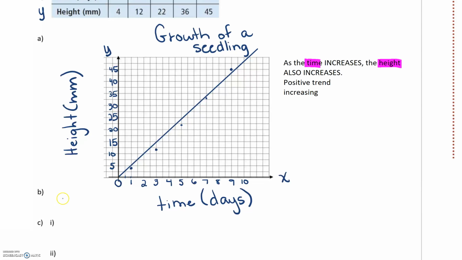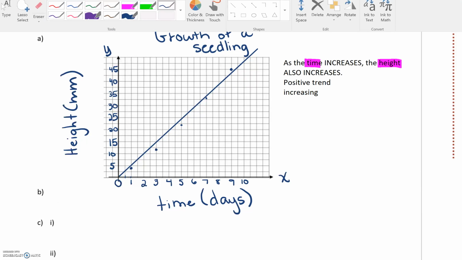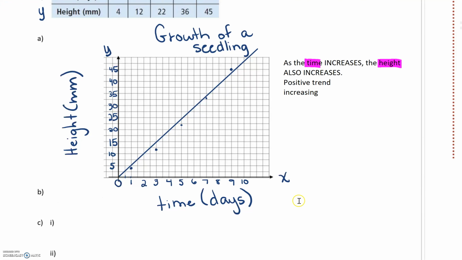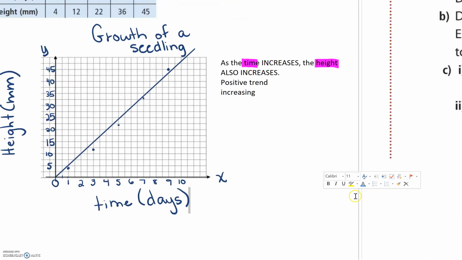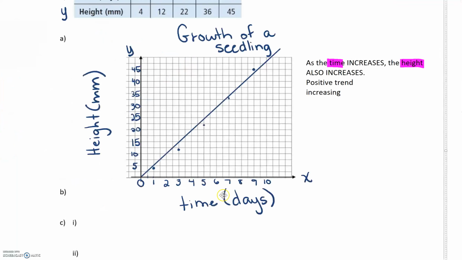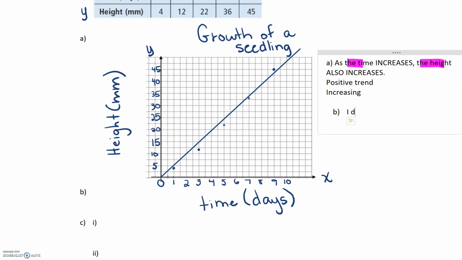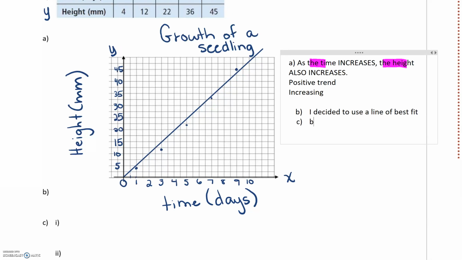and that's the only rule that you need to follow. So I decided to use the line of best fit, so we're just going to write that down. I'll put it on the side here. I don't have enough room to put it over on the other side. So I decided to use a line of best fit because the data forms a relatively straight line.